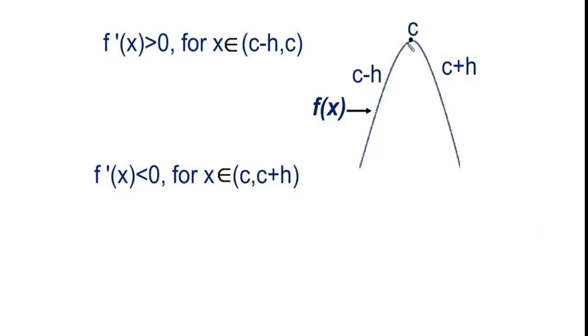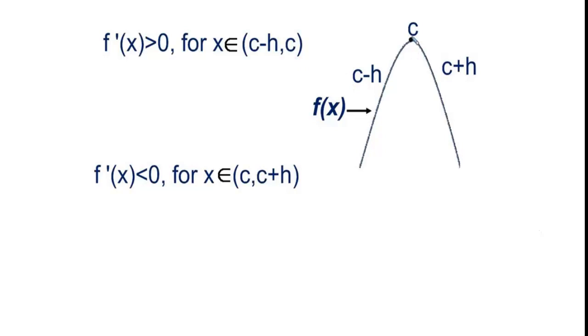And we know that when the function is increasing, the first derivative will take a positive sign. Therefore, we can say that since the function is increasing in the left neighborhood of c, f dash x is greater than 0 for x belonging to (c minus h, c).